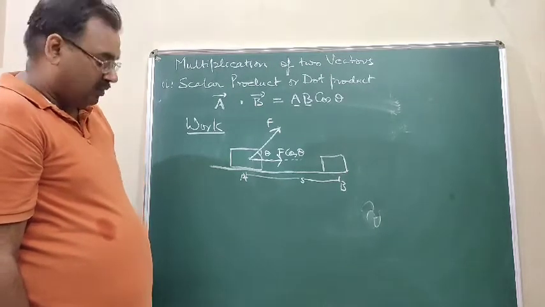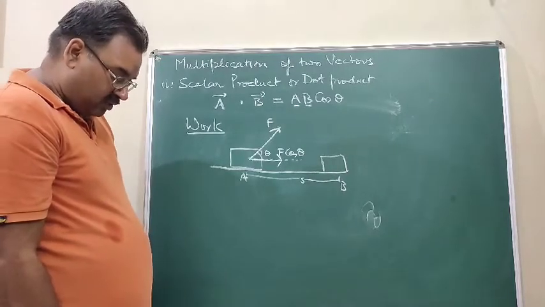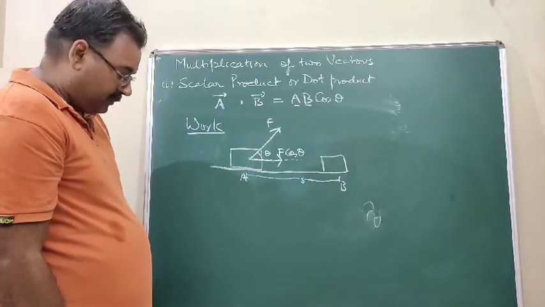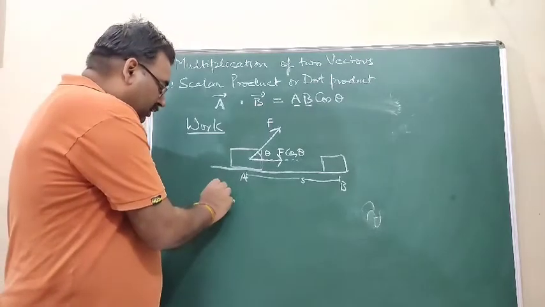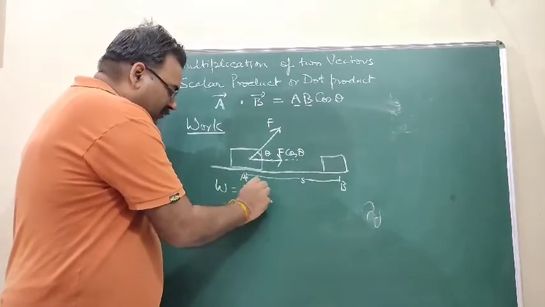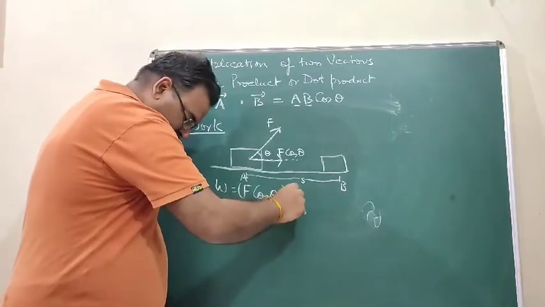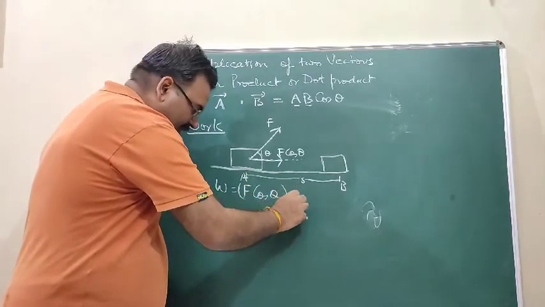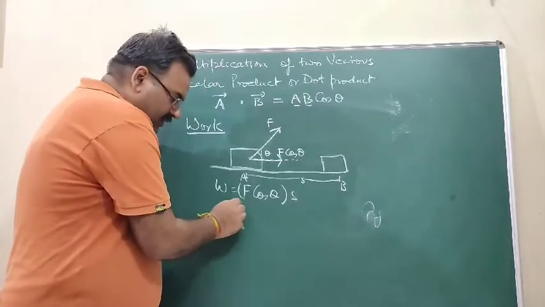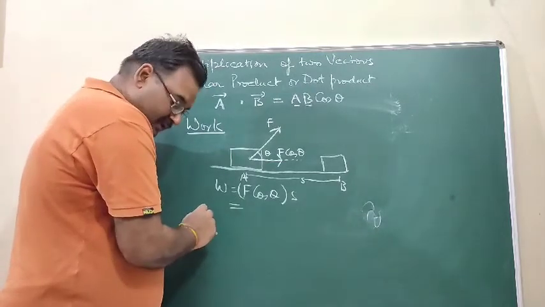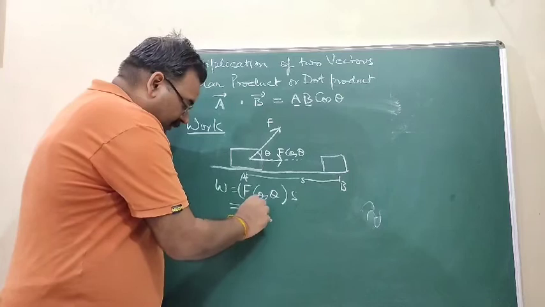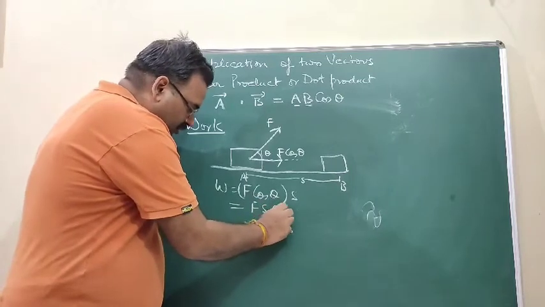This part of the force is used in displacing the object. So we will have work W equal to F cos theta into S. So this is Fs cos theta.